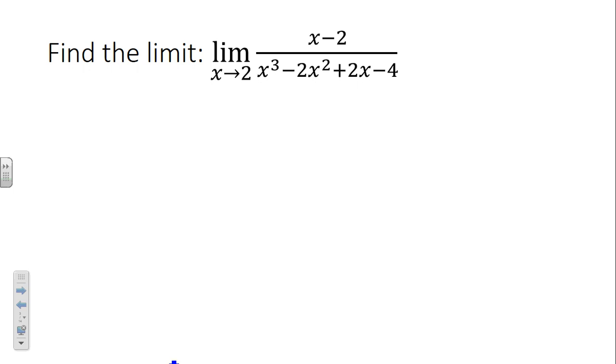Really quick way to plug it in, and if your remainder is 0, then you know it was a factor: synthetic division. Shall we try it? Synthetic division, we would need to put what up here? A 2 on the outside, and then what do we do? We bring down the 1, multiply, add, multiply, add, multiply, add.